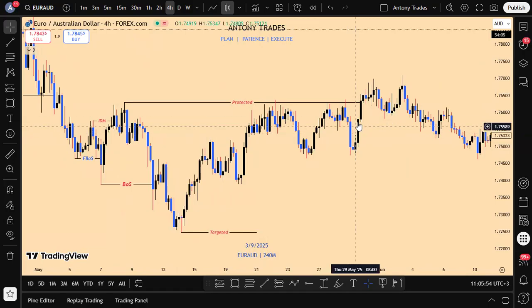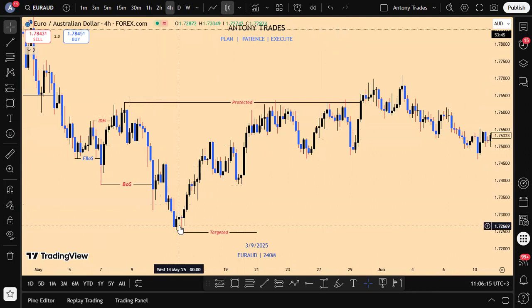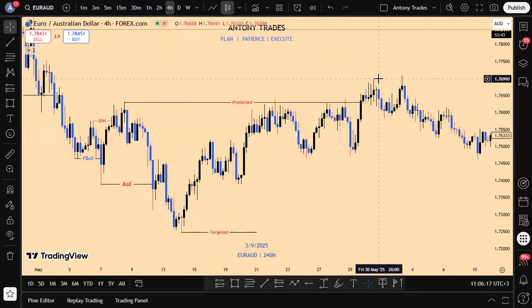Until the third time when it came back and broke this high. That means this was a very strong high, and this high was not meant to be broken. And if it is broken, that means this bearish trend is over, and the market is now willing to push in the bullish direction.